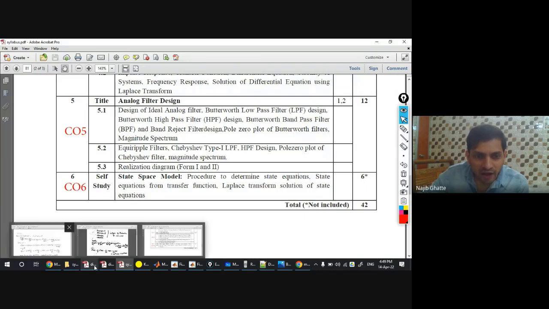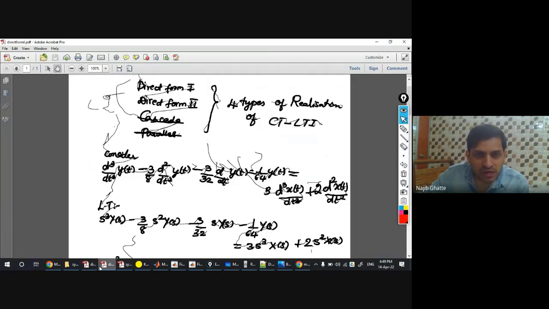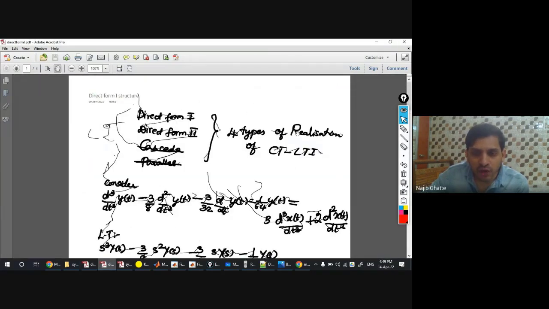There are four types of realization: direct form 1, direct form 2, cascade, and parallel realization. As far as the syllabus is concerned, we're only restricted to direct form 1 and direct form 2. Now we're going to start with direct form 1 realization.